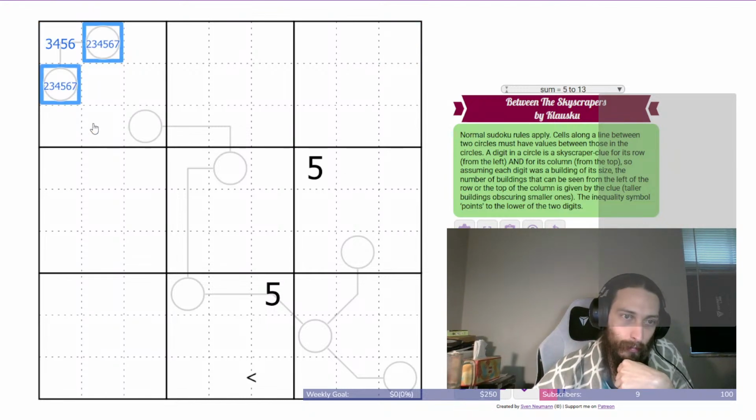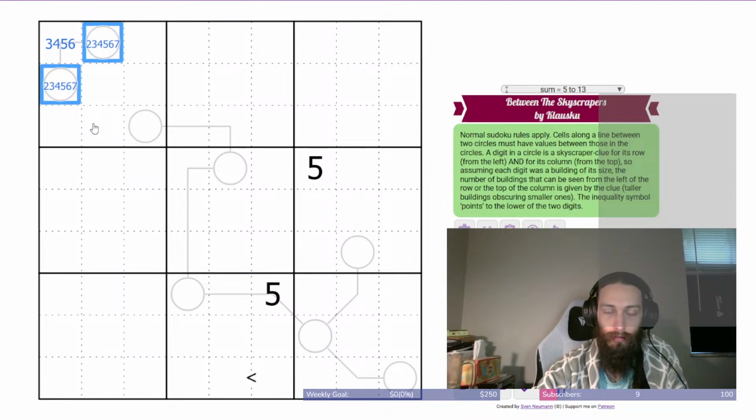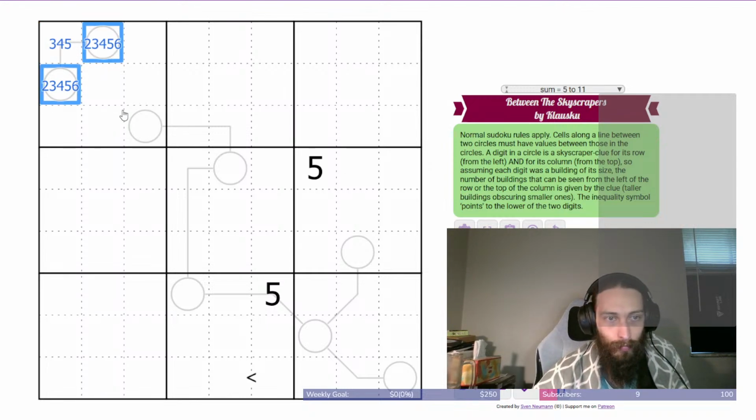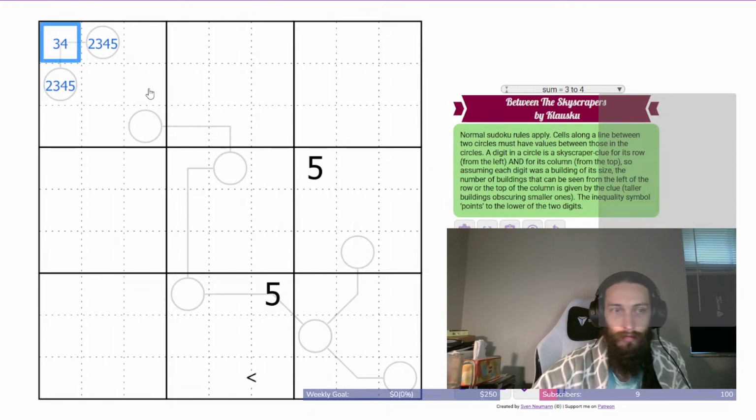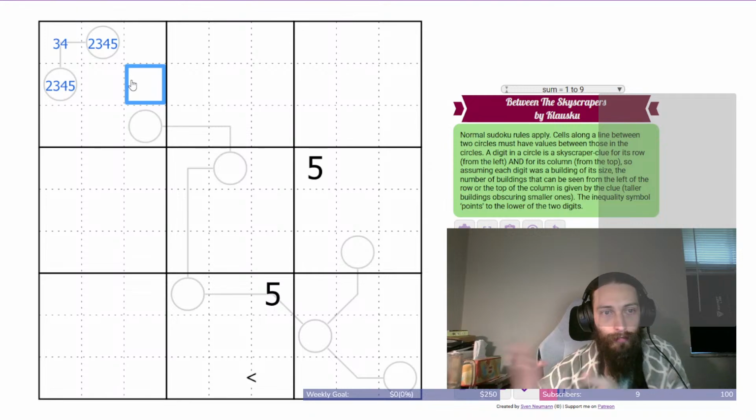I believe 7 comes off, because the most that can be seen after a 7 is 8 and 9, which would be a total of 3. So 6 gets removed. 6, 7, 8, 9. So, how about a 5? 5, 6, 7, 8, 9.